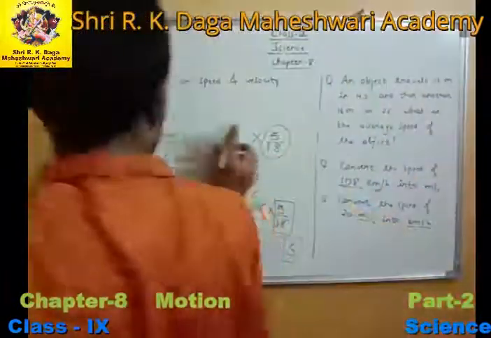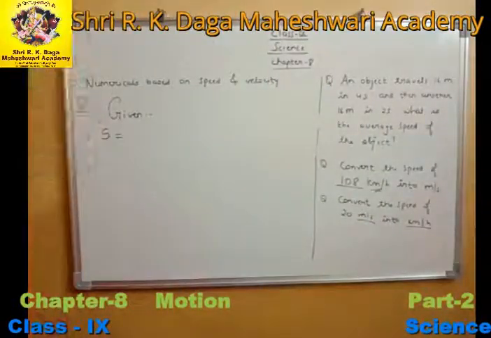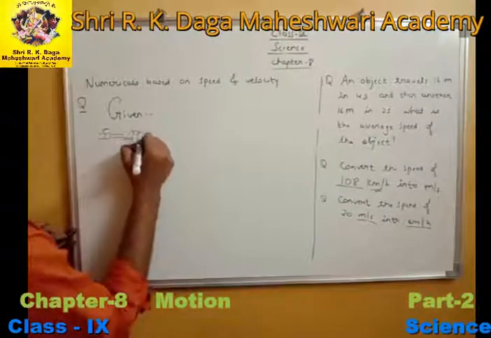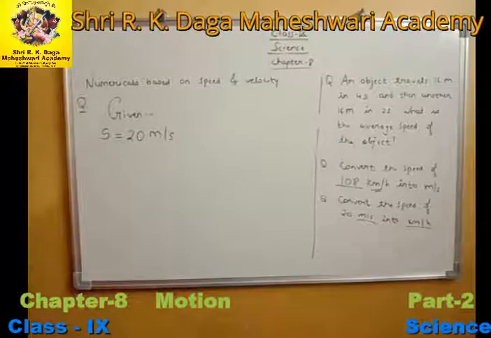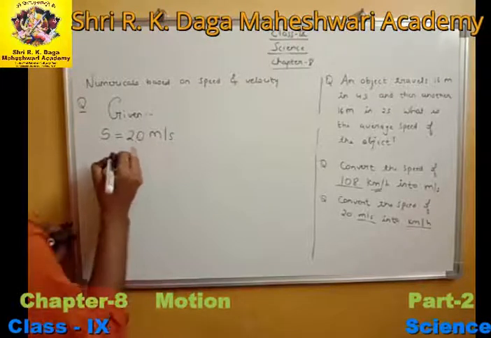We will see that. Now in third question, the speed is given to us, that is 20 meter per second, and we have to convert this speed into kilometer per hour. So how can we do so?